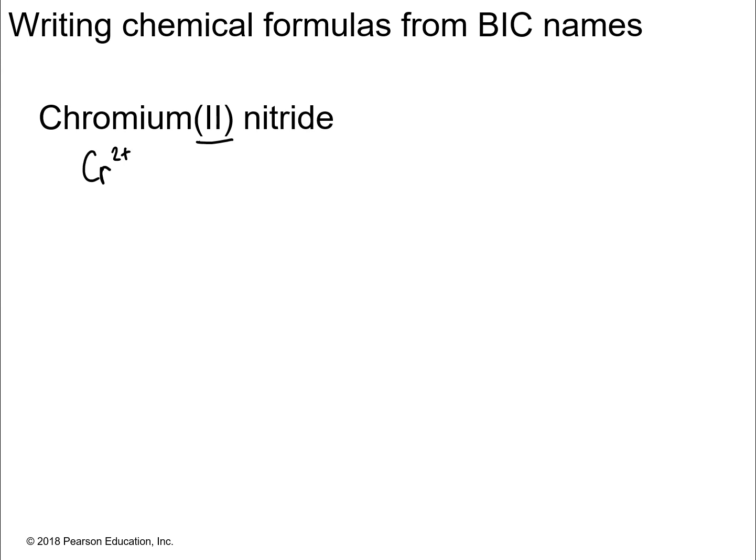We're told right there. Nitride, that comes from nitrogen. It's a group 5A nonmetal. For finding the charge, we're going to take that 5 and subtract 8 to get -3.